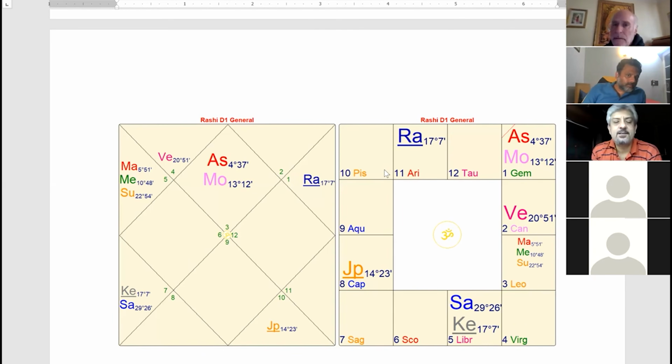Mark, in this case, would we say that, since everything repeats from the Chandra Lagna as well, because Moon is in the Lagna, the karmas become a little more dridha compared to other charts where, let's say, things don't repeat from the Moon, and so the results are weaker? Well, it's a confluent picture because, as you said, Chandra Lagna and Birth Lagna are the same. It just means that whatever the patterns are, they are very consistent.